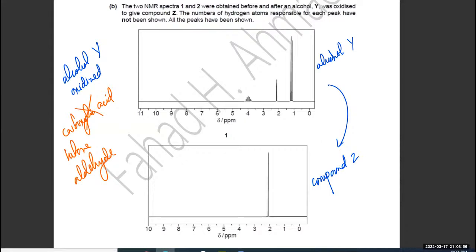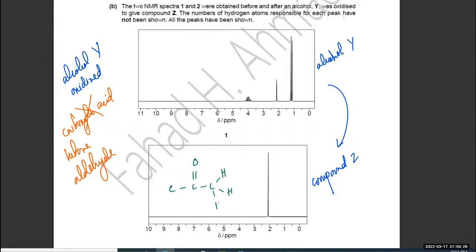What about a ketone? Can a ketone have a single peak? Which ketone specifically has just one single environment? Like if I have one carbon on each side, that's 3 carbon atoms, so you're going to get a single peak, right?